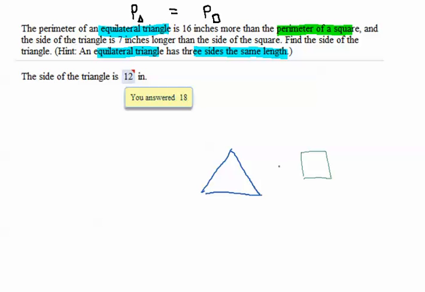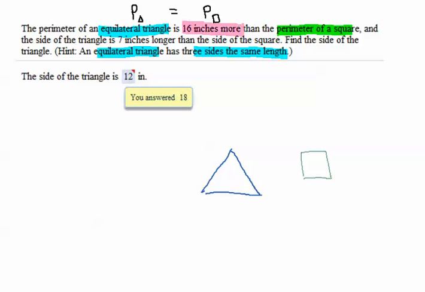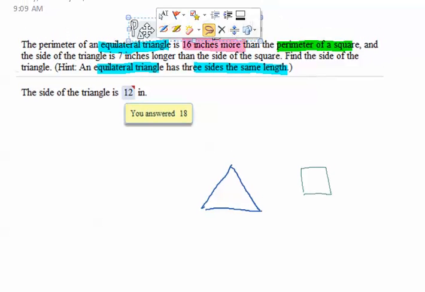They're clearly not equal, right? But I didn't finish writing what I was supposed to write, which was it's 16 inches more than. That means I add that to the size of the square, and that should total the size of the triangle's perimeter. That's the expression we want to eventually create. Let me just go ahead and move it down.